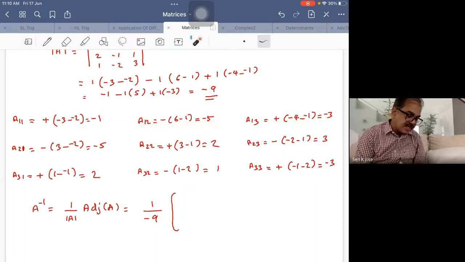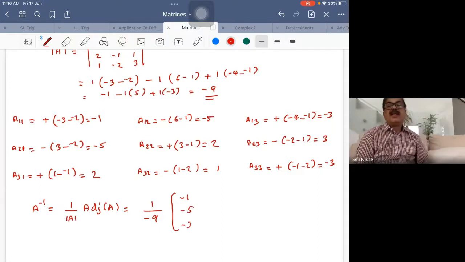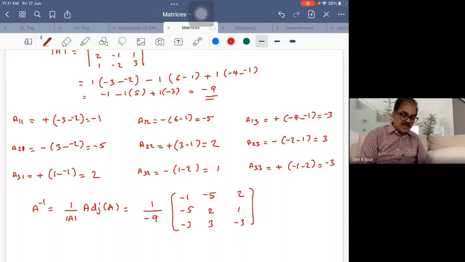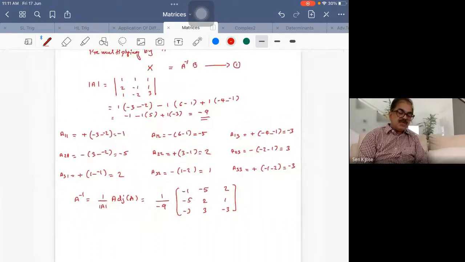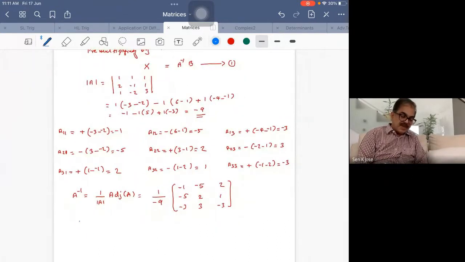Look at that, transpose it is, don't forget it. Minus 1, minus 5, minus 3. Take the first row and write it as the first column. Second row as the second column. Third row as the third column. And don't do anything else, just leave it like that. That's A inverse.